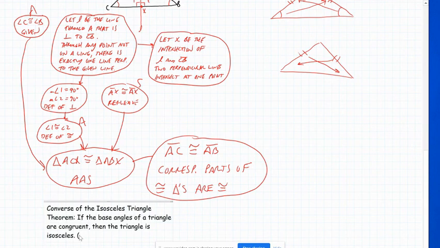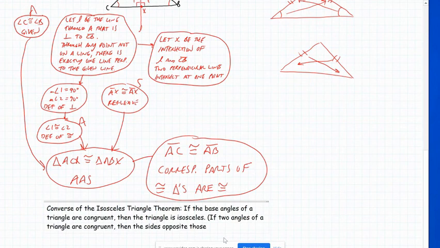Or another way to say that would be if two angles of a triangle are congruent, then the sides opposite those two angles are congruent also. Okay, so there's two different ways to state the converse of the isosceles triangle theorem.